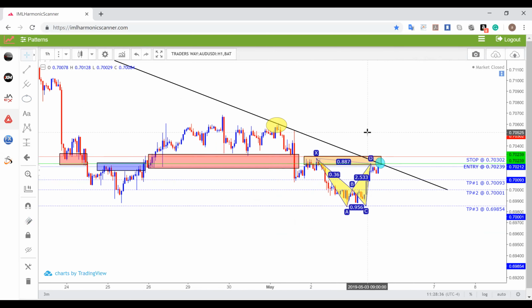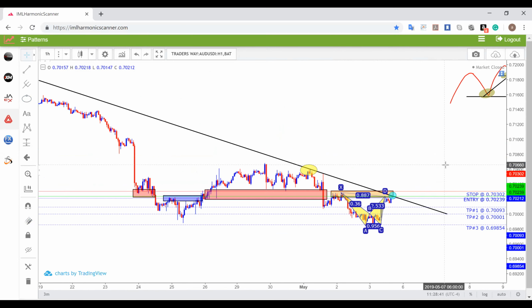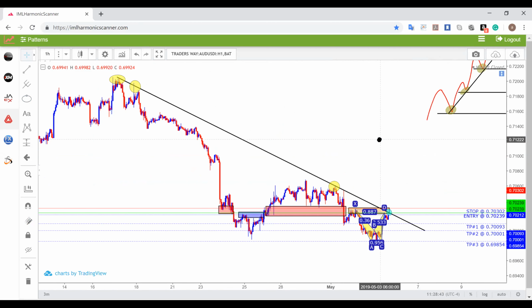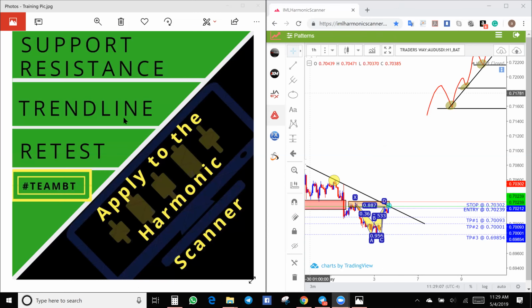So this is how you identify every single thing. If you all look at it, let's put our things together. The first thing we need to identify is support and resistance, right?